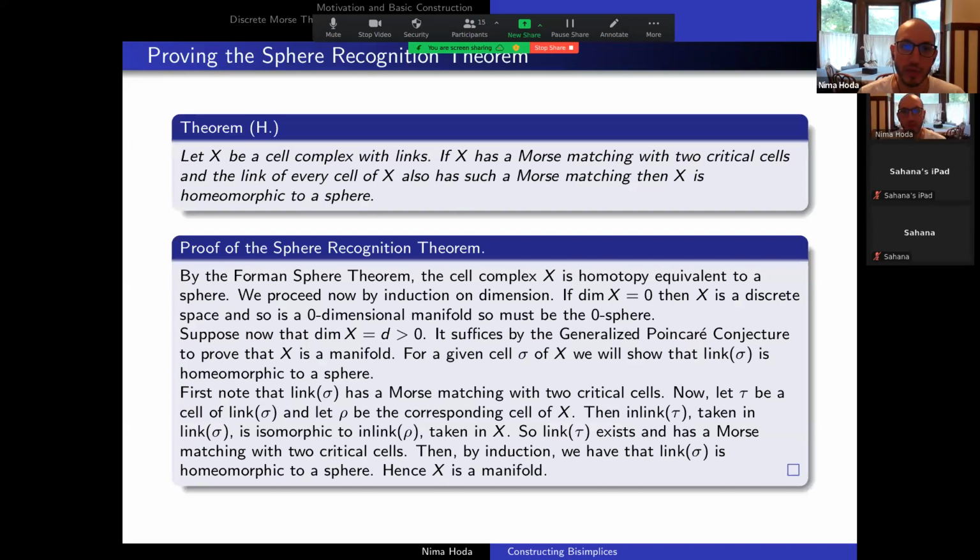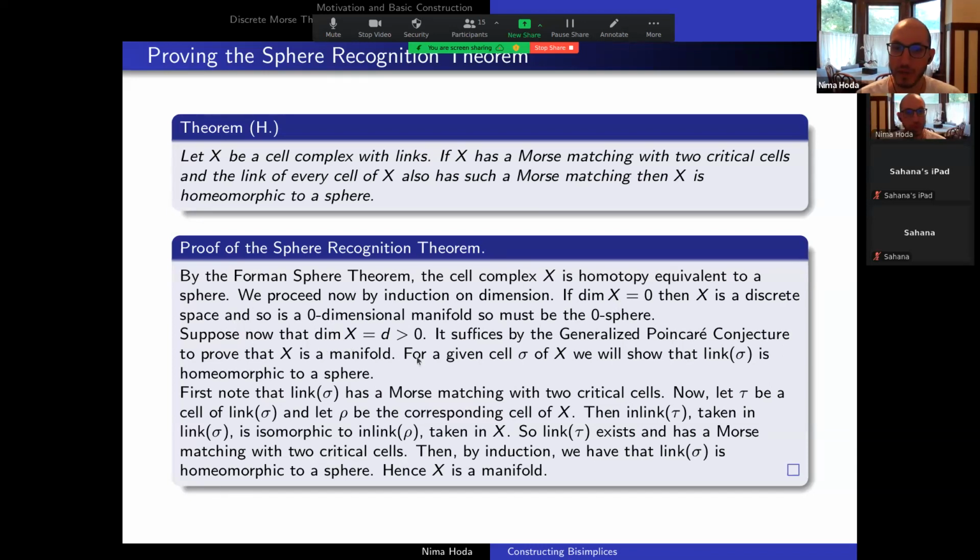So how do we prove the sphere recognition theorem? By Forman's sphere theorem, the cell complex X is homotopy equivalent to a sphere because it has a Morse matching with two critical cells. And we proceed by induction for the rest of the proof. If X has dimension 0, then it's a discrete space. So it's a zero-dimensional manifold, so it has to be a sphere.